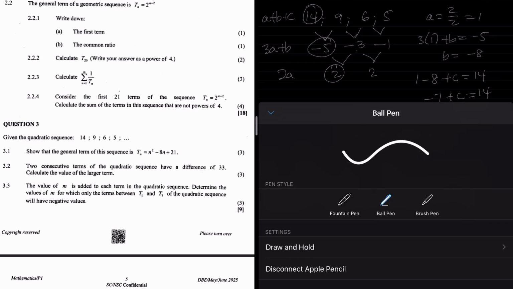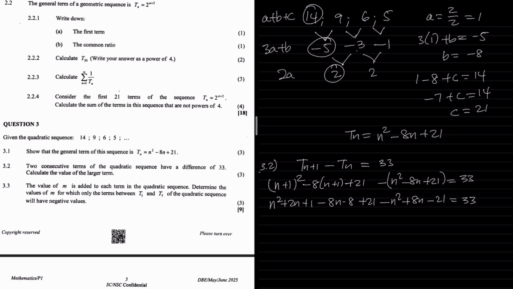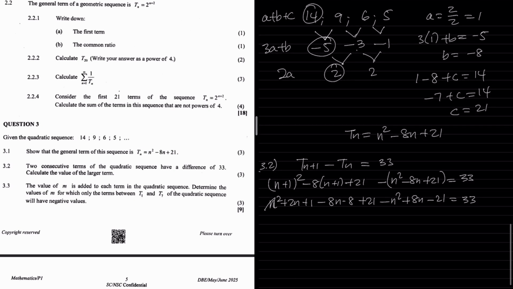Now let's look at what we can cancel here. We can cancel the n squared, the negative 8n, and the minus 21, and we will be left with 2n, and 1 minus 8 is minus 7, and that's equal to 33. That means 2n is equal to 40, and n is equal to 20.